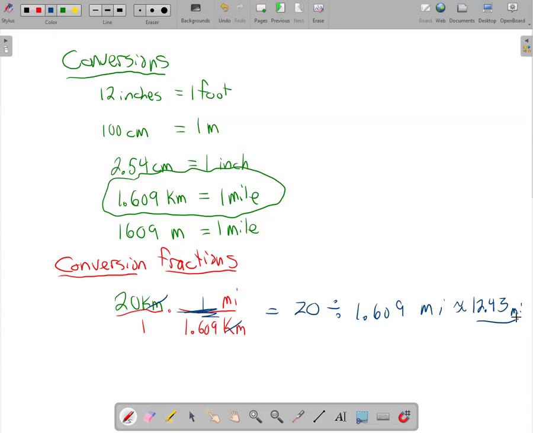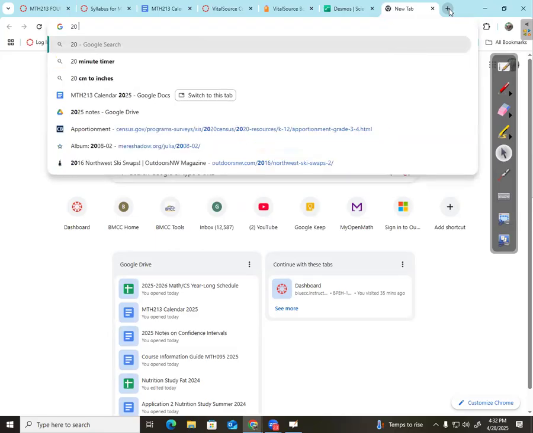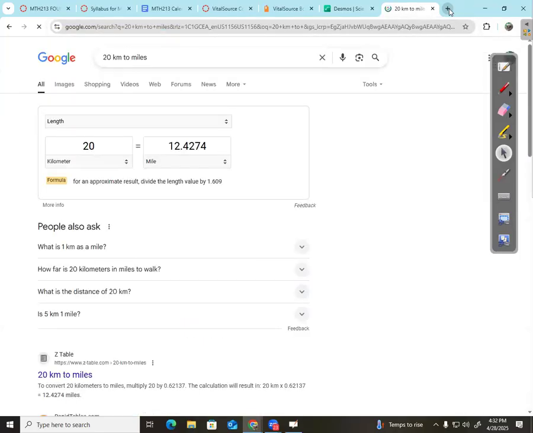Sometimes it's a good thing, sometimes it's not. I think most kids need less screen time, but this is the crazy world we live in. So often, I don't know about you guys, when I need to convert, I just ask Google to do it for me. I'm going to write something like 20 kilometers to miles, and Google's already guessing what I want to do before I even finish it, which is a little bit exciting and scary.